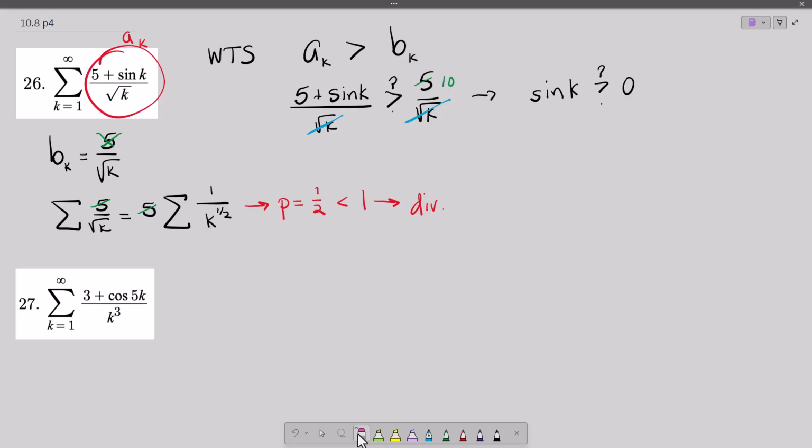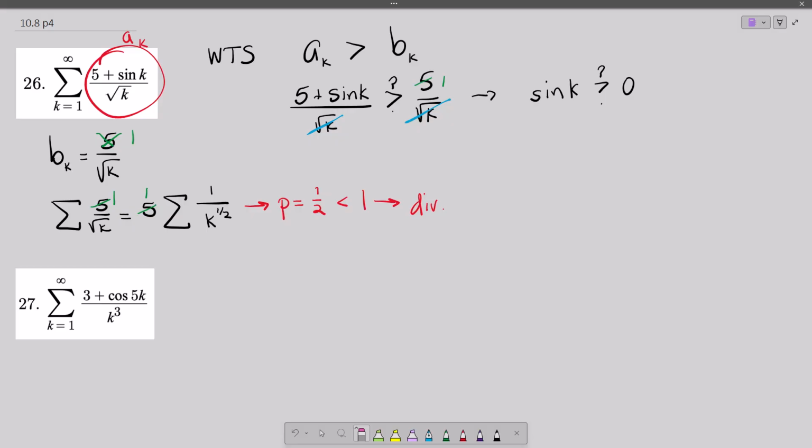It doesn't matter what this constant is, so let's pick a smaller number. Let's just pick 1, 1's easy. It still diverges here. But now we come over here and say, okay, now that 5's no longer there because we chose 1 over root of k, now is it true?